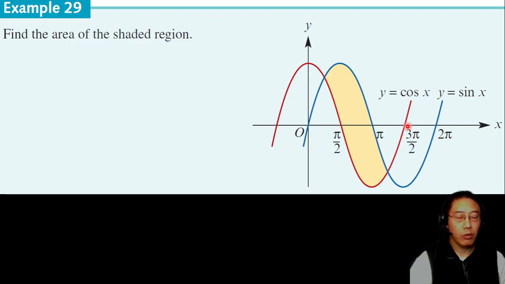Pause the video. The first thing you should be able to do from circular functions and solving equations is find the exact values where the two functions are intersecting, and if you're up to it, determine the area.